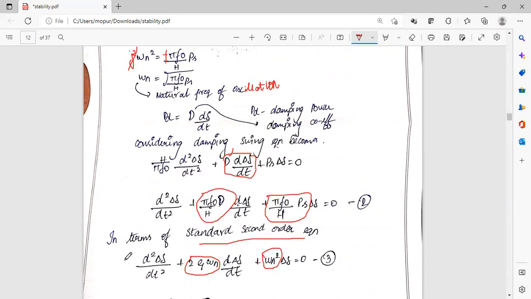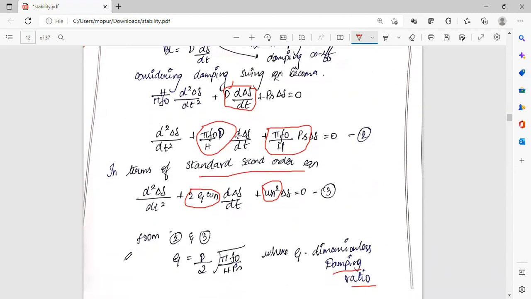Now considering this equation and comparing with the standard second order equation which we learn in control systems, d square delta del by dt square plus 2 eta omega n d delta del by dt plus omega n square delta del is equal to 0. If you compare the two equations, 2 eta omega n is equal to pi f naught by H into D, omega n square is equal to pi f naught by H into Ps.